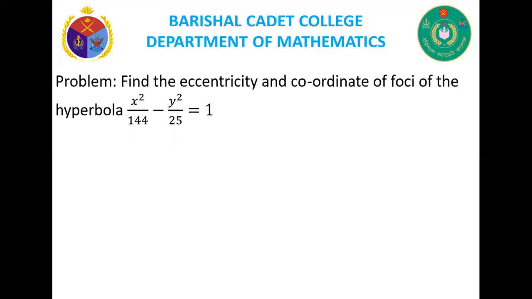I am repeating again, you have to find the eccentricity and the coordinates of the foci of the hyperbola x square divided by 144 minus y square divided by 25 equal to 1.